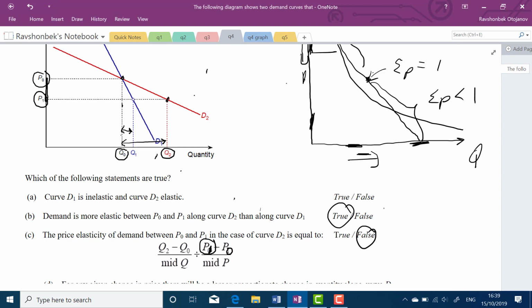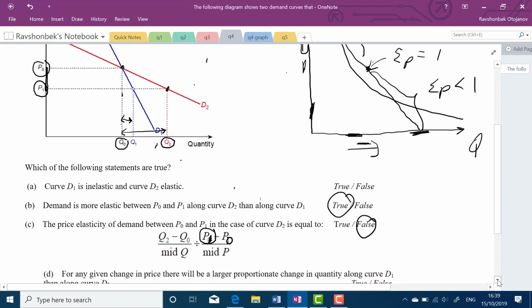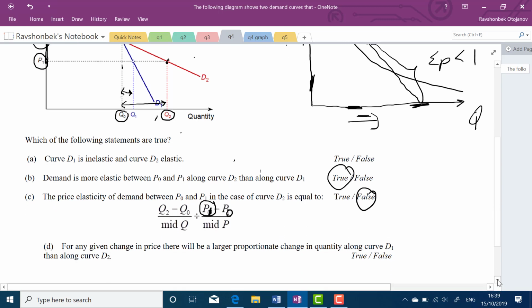Now, did you understand this? Is the question easy to understand? When you read it, sometimes you get confused by looking at the graph, and the question graph is too sort of messy. If you do not have any question, I'm moving on now. For a given change in, so I'm going to do this now.